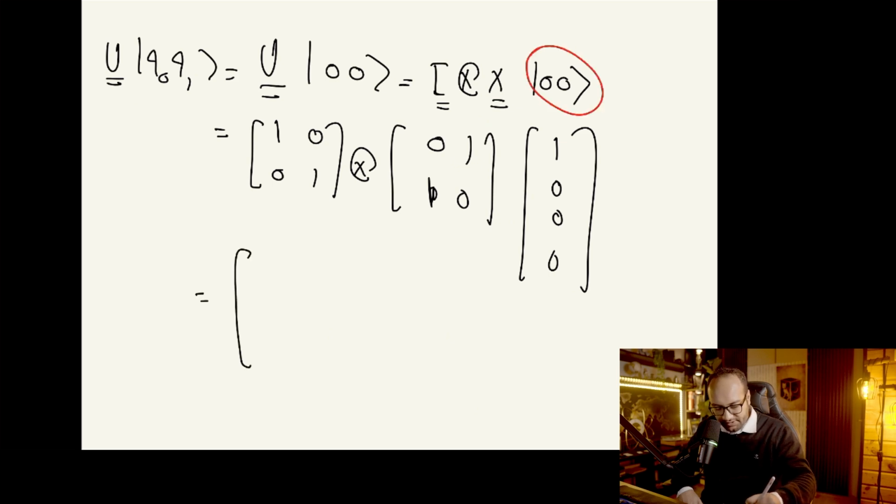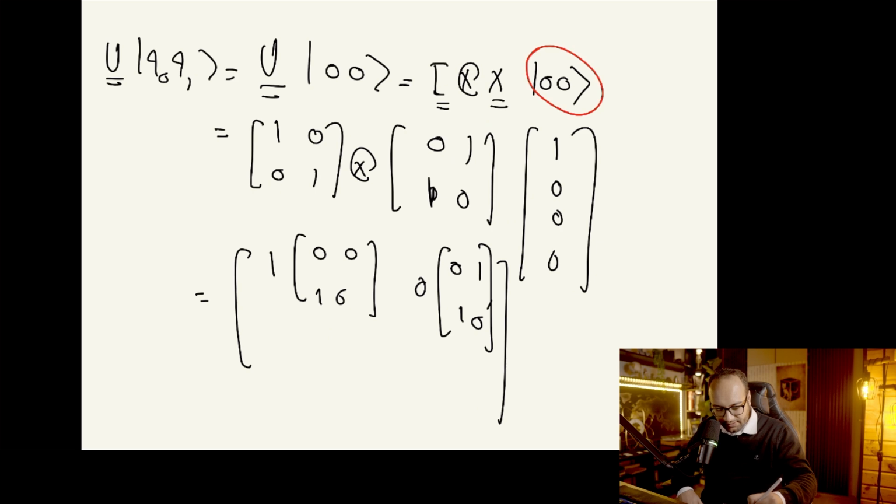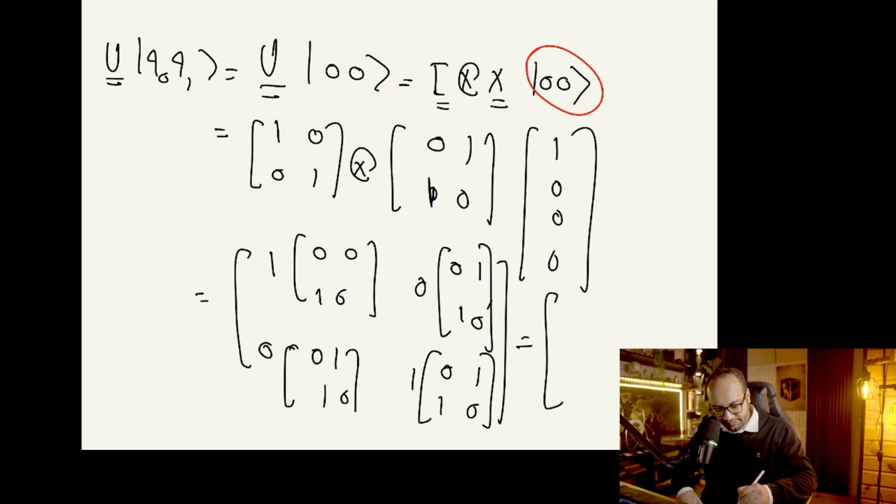Then I work out the tensor product. I have 1 times 0, 1, 1, 0. And I have 0 times 0, 1, 1, 0. And then I have 0 times 0, 1, 1, 0. And then I have 1 times 0, 1, 1, 0. This will give me the 4 by 4 matrix here.